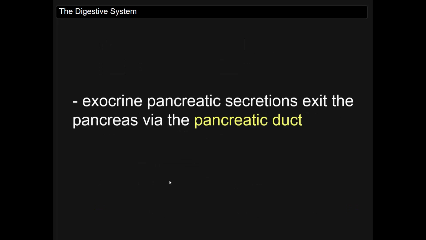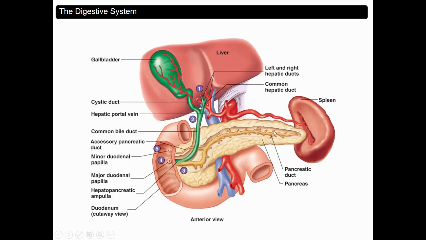Those enzymes and bicarb ions are going to be dumped into the pancreatic duct that, again, is merging with the common bile duct to form the ampulla of Vater, and then that dumps through the major duodenal papilla into the duodenum. So here we see the pancreatic duct. It looks like a white little tube, kind of stringy looking thing that we have dissected out in a couple of our pancreases.